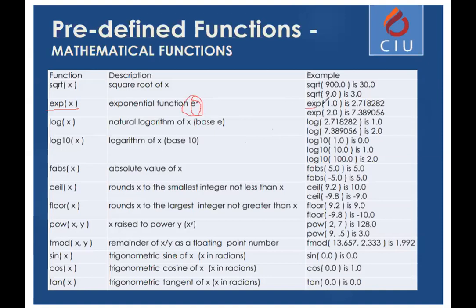So if you want to find the exponential of 1, it's 2.71. And if you look at the logarithm, it's the opposite. So the logarithm of 2.71 is actually 1, which is the complete inverse of the exponential. Can you see that? So exponential and logarithm are opposite of one another.